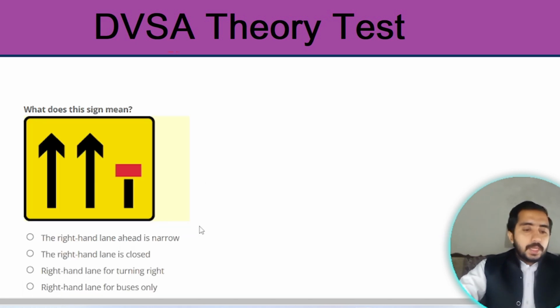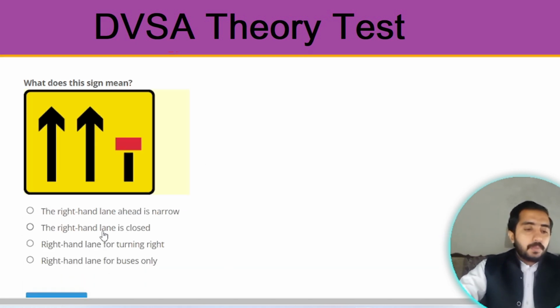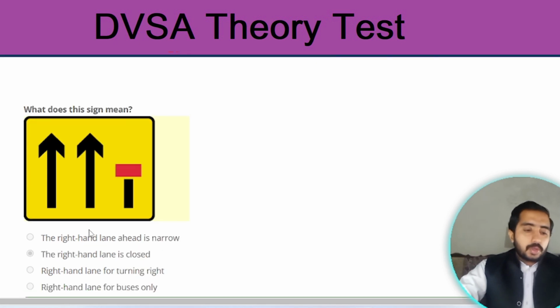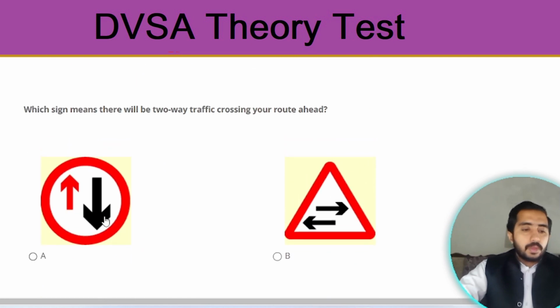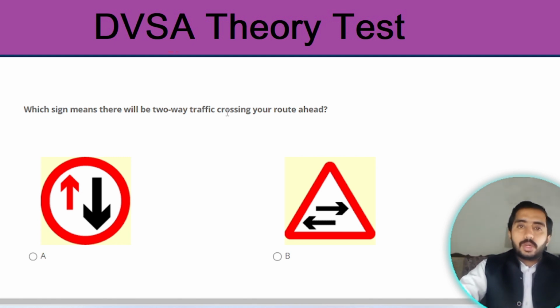What does this sign mean? This sign is represented by the right hand lane is closed. Option D is the correct one. Next question. Which sign means there will be two-way traffic crossing your route ahead?